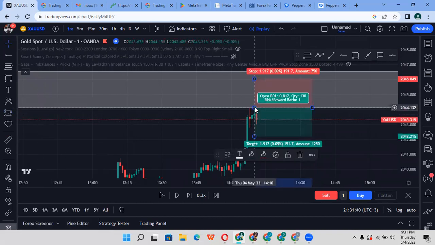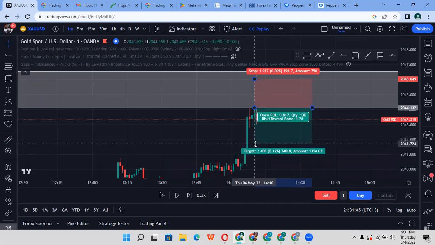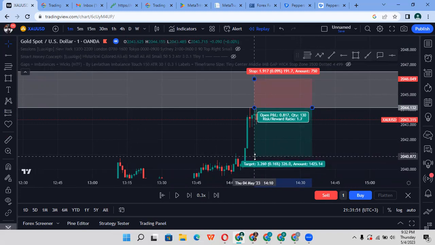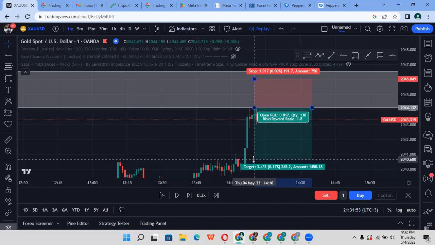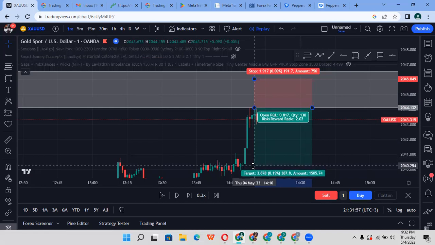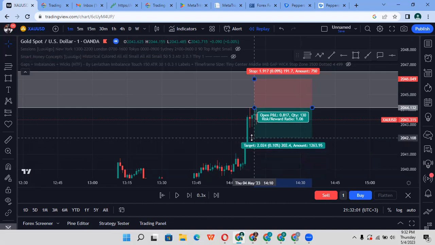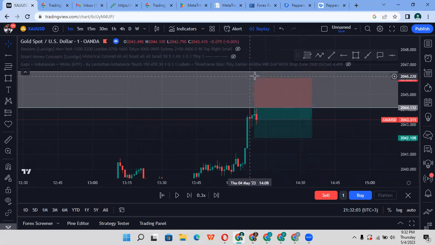Short. Let's put here how many pips. This was at 20. Was it at 10, 20?